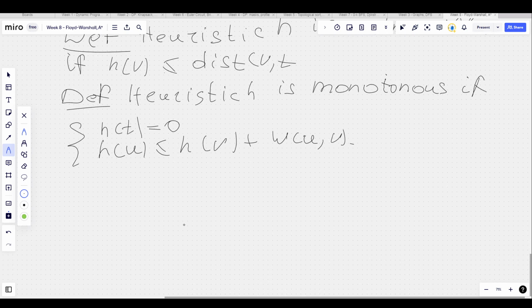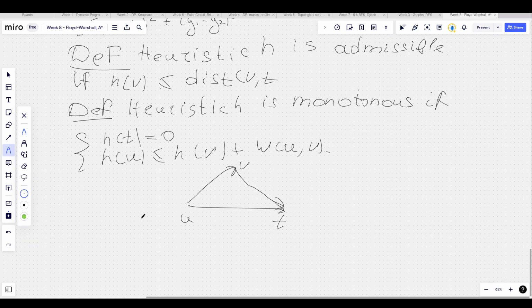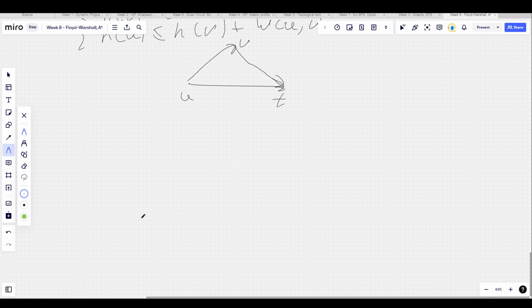What does it mean? We consider u, t and v, and this way is less than this way. But there is a note. We can use monotonous heuristic functions.